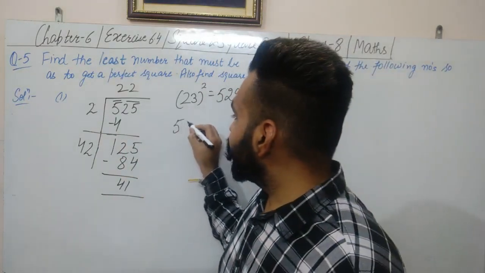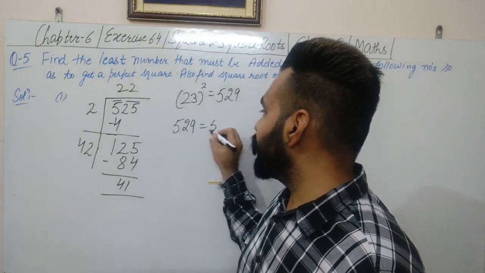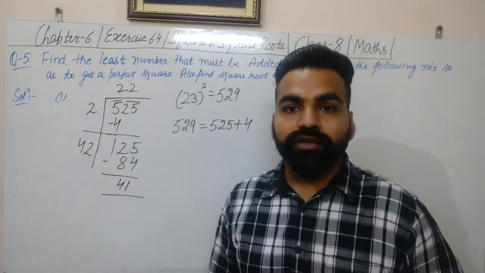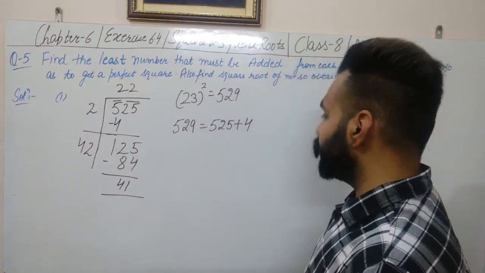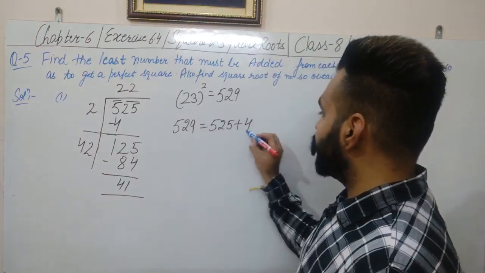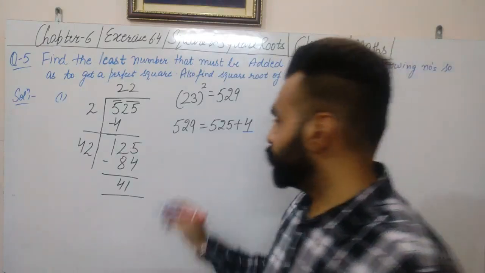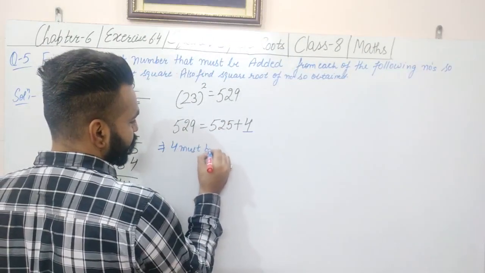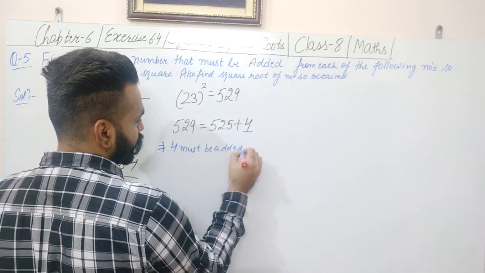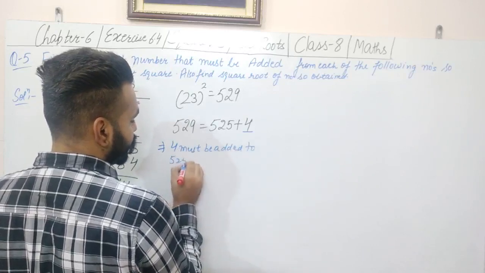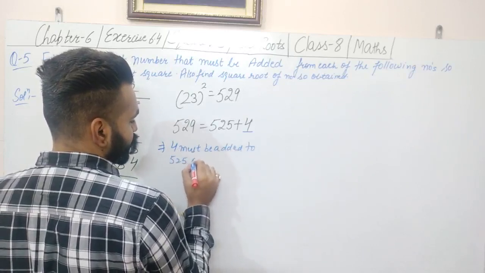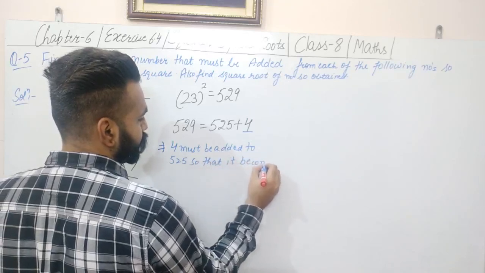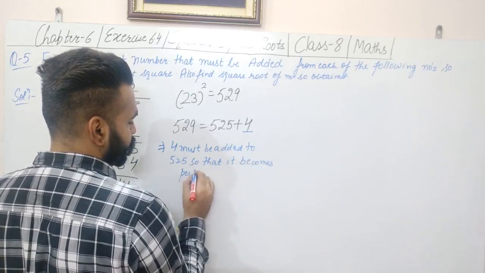So 529 can be written as 525 plus 4. So therefore 4 is the number which should be added. So 4 must be added to 525 so that it becomes a perfect square.